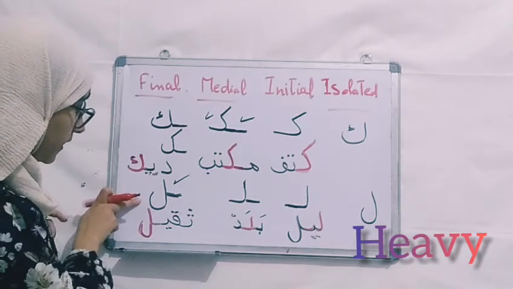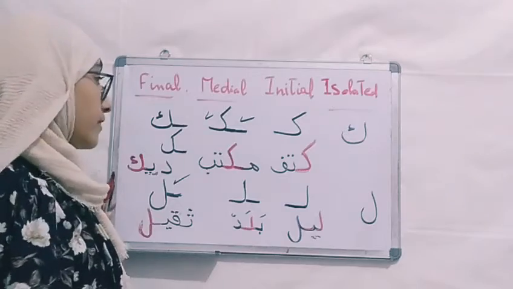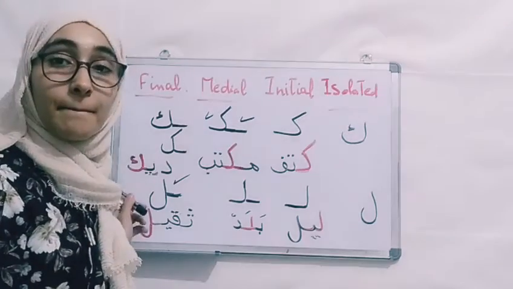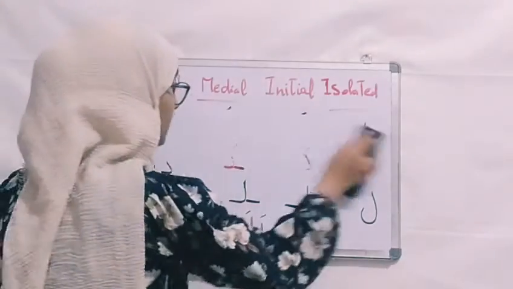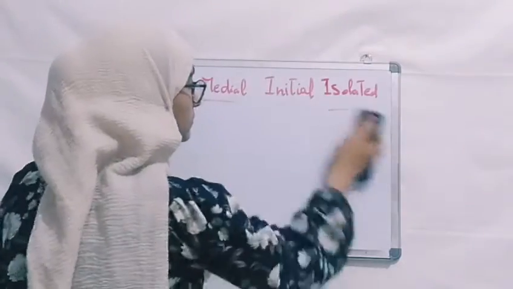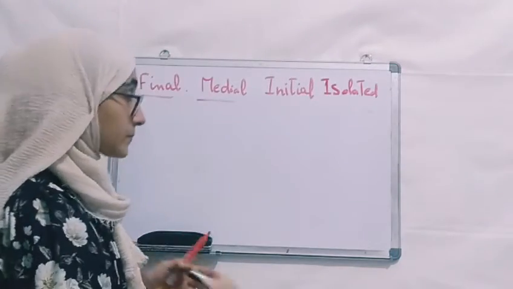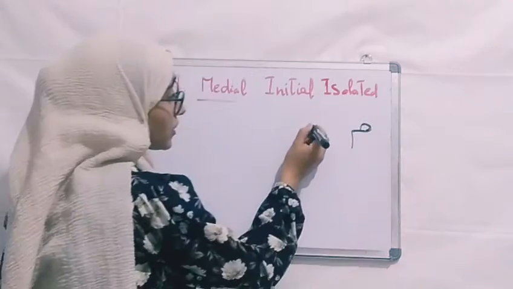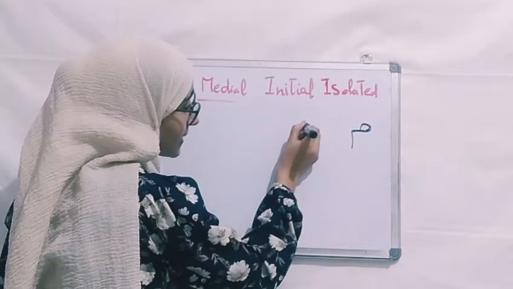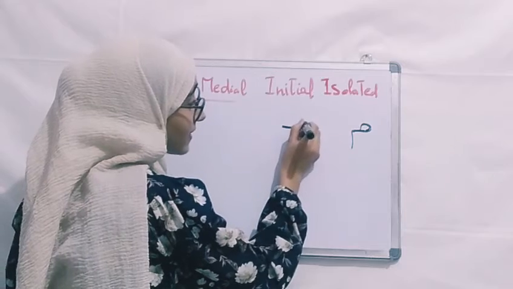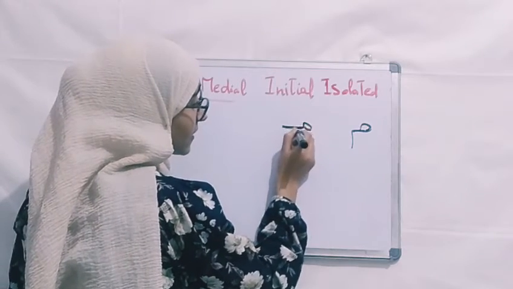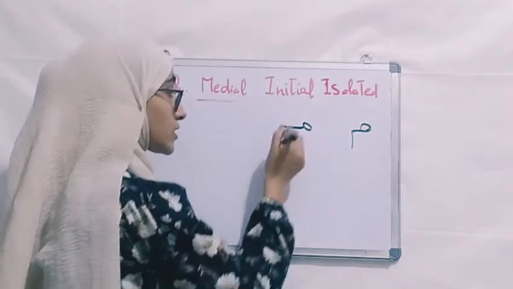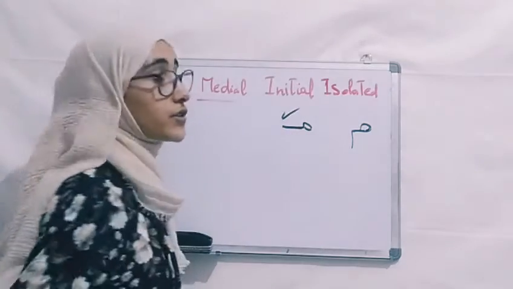Same way here. Okay, then we have meem. Do you remember meem? You write meem like this and you keep this straight, because it needs to be connected to other letters.